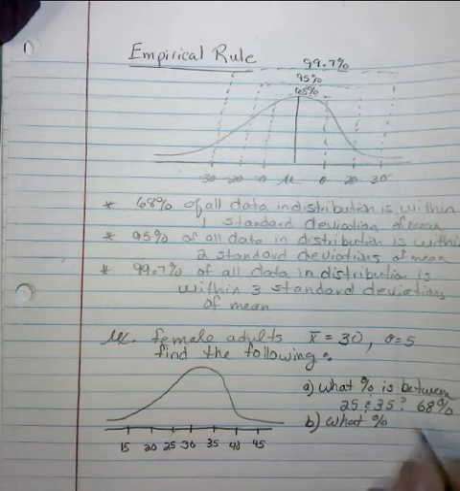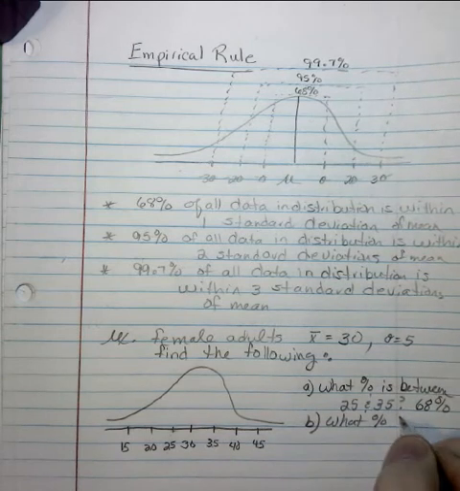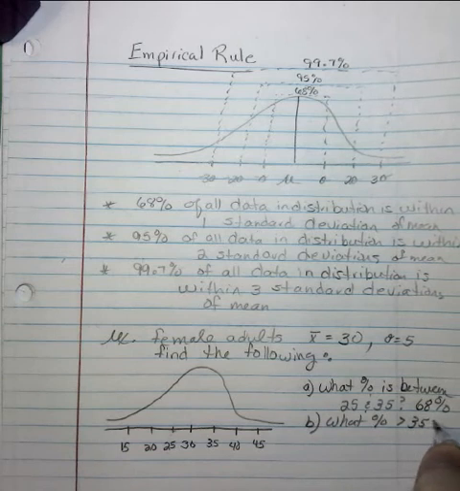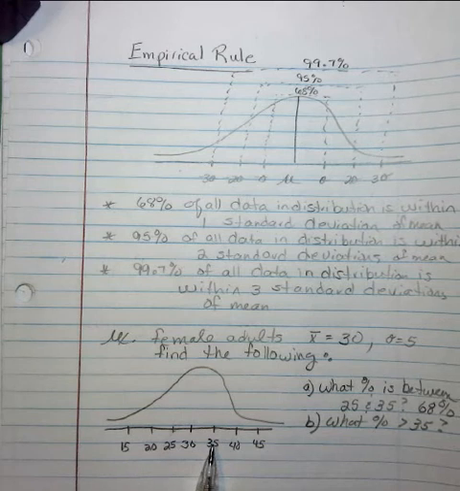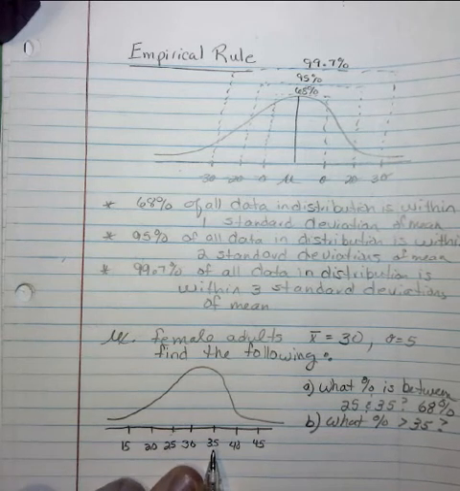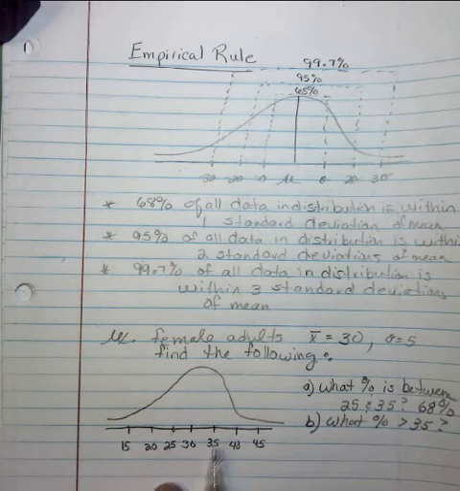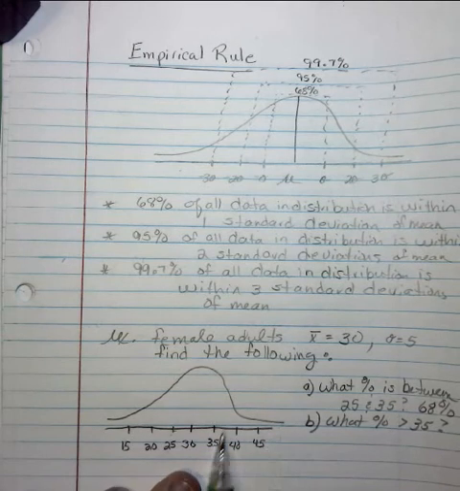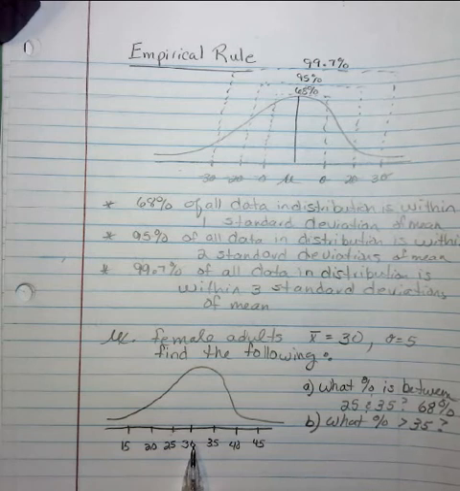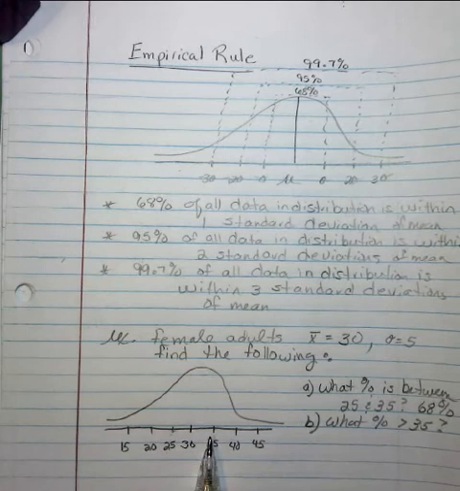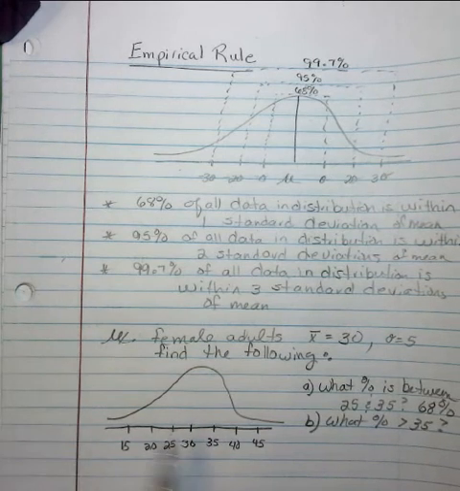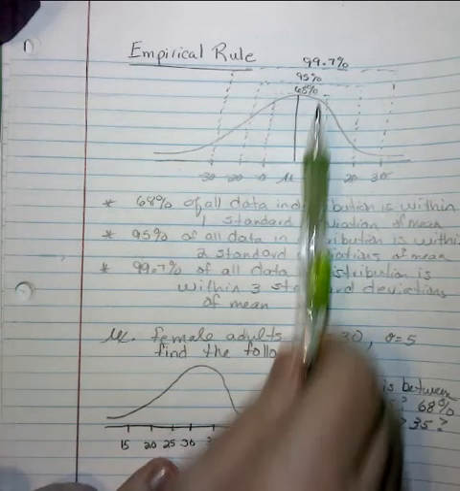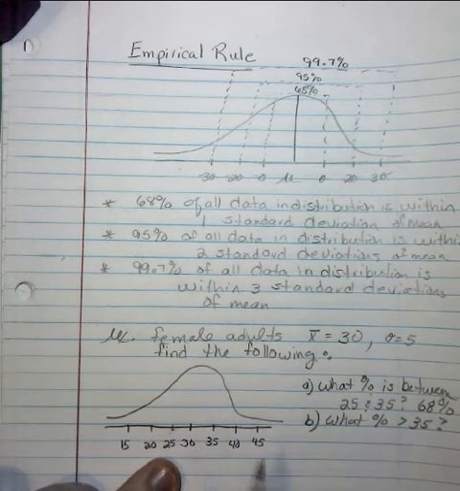A second question might be, what percent is greater than 35? Now, 35 is one standard deviation above the mean. So that means that we want to know how much is above that. So we have to do a little bit of finagling here. This point is 50%, and then this point is half of that 68%, so that makes 34.